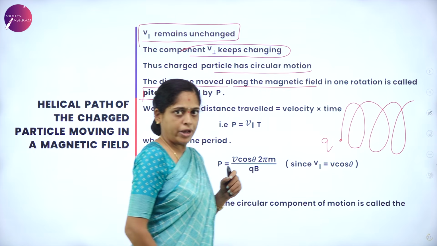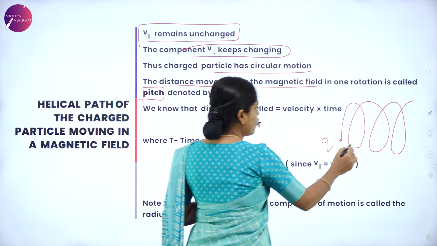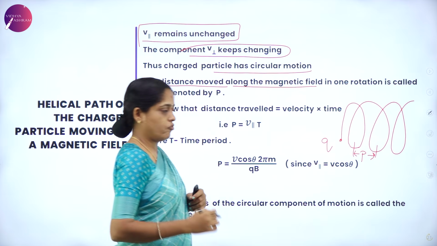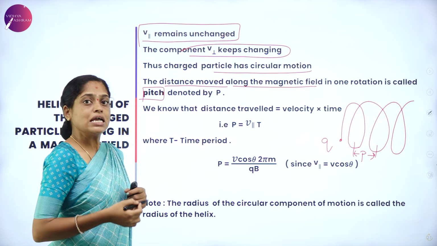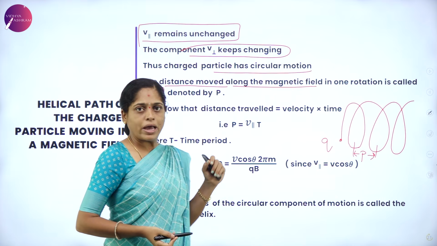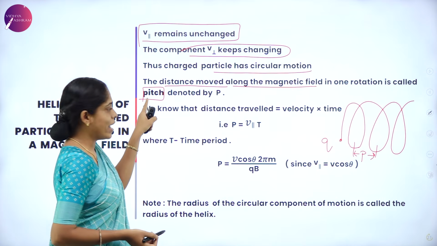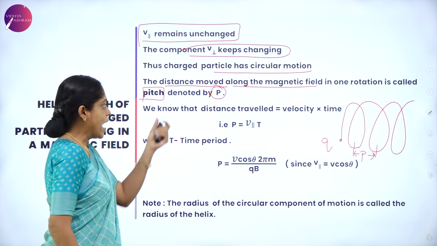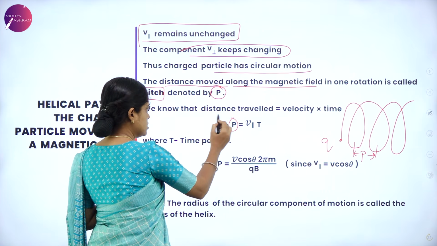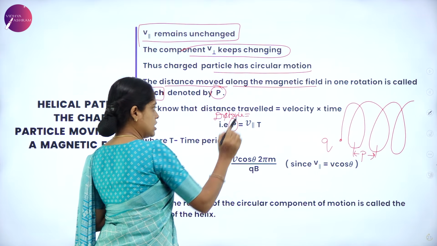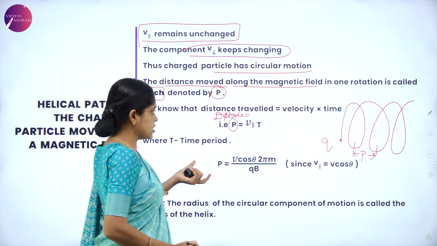This is helical path. In this helical path, for one rotation, what is the distance covered? For one rotation, the distance covered along the direction of magnetic field is known as pitch, and it is denoted by the letter P. So, as it is a distance, which velocity is responsible to cover this distance?